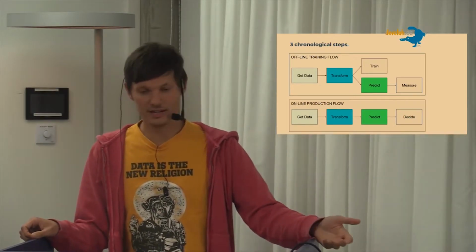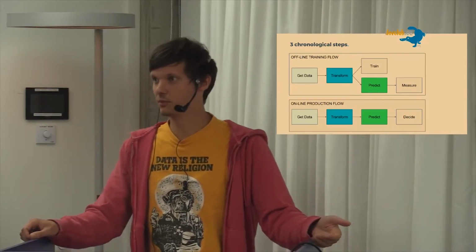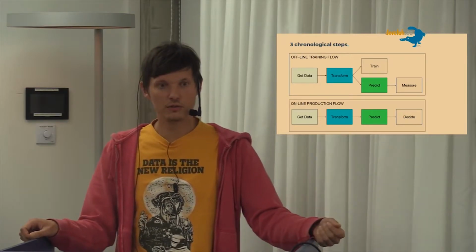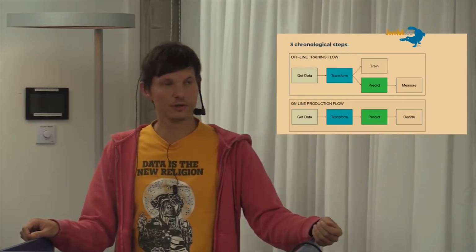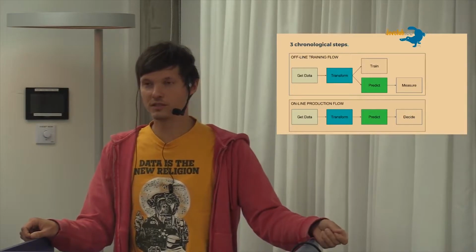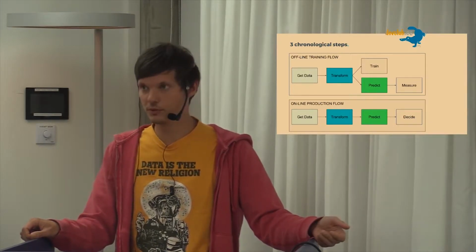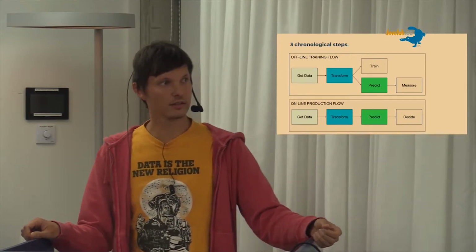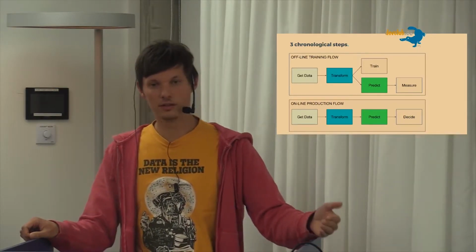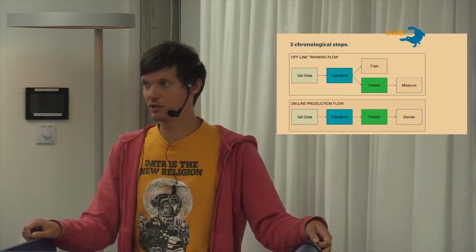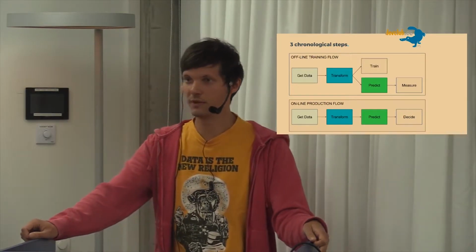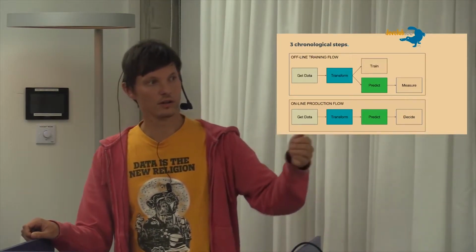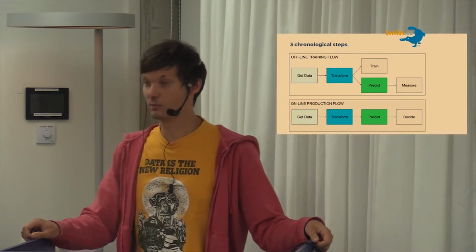First, you do training, where you get the model itself. Then you run testing, where you run prediction on your test set and measure performance. And the last thing is the model gets to production, where it actually makes prediction and you make a decision on top of that prediction.